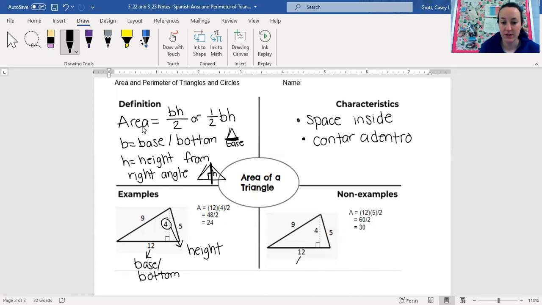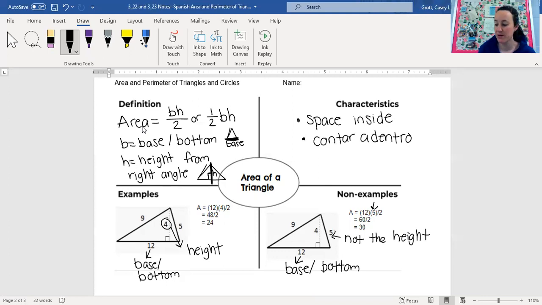If we take a look over here, here's my base. Here's my bottom. But they did 5 instead. 5 is not the height. Okay, so make sure you're watching that. Height is always going to be that line where the right angle is.